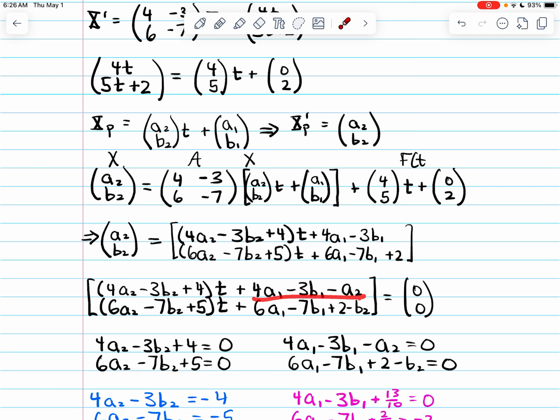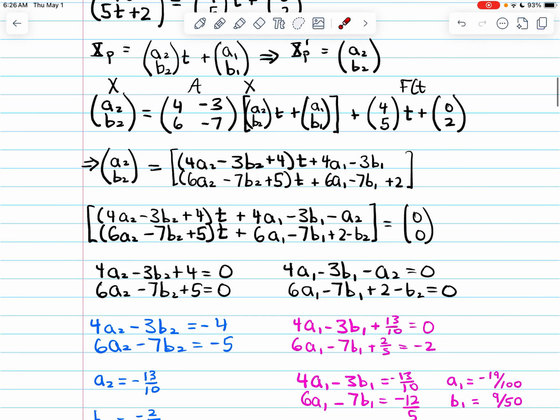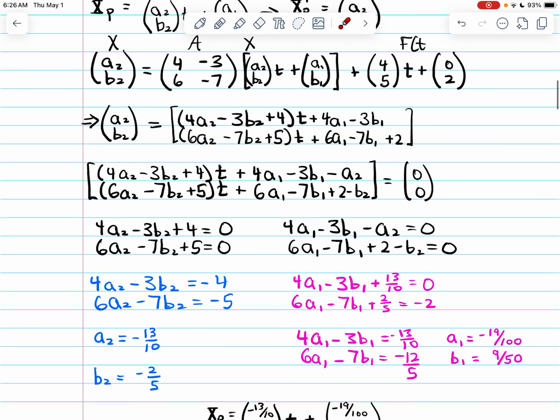And then over here, all of these equal 0 as well. So, let's look at this first set right here. I'm just equating coefficients here. Solving this system will give me A2 is negative 13 tenths and B2 is negative 5 tenths.